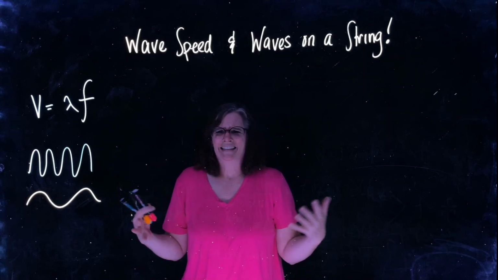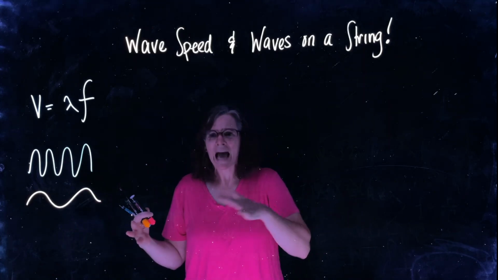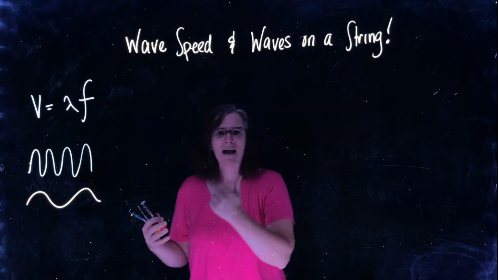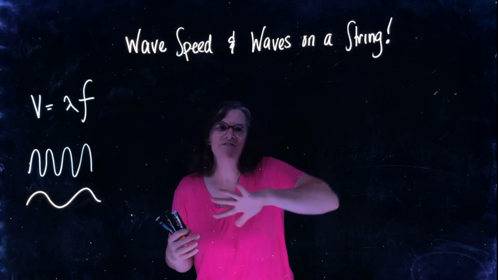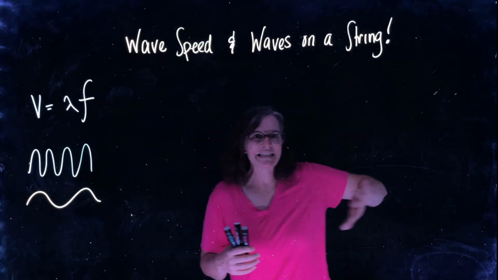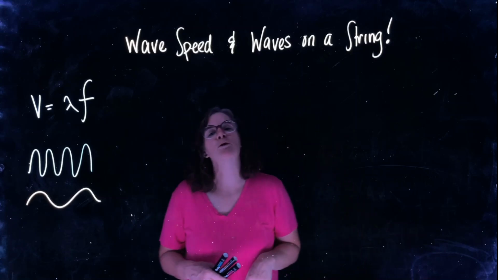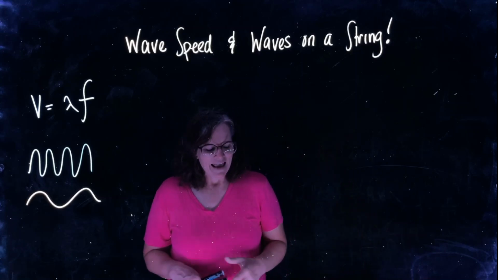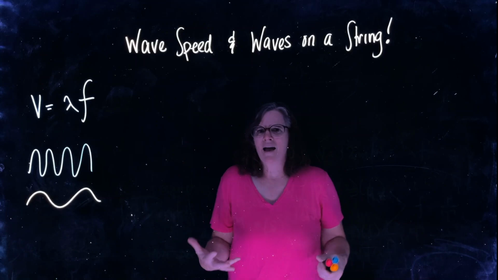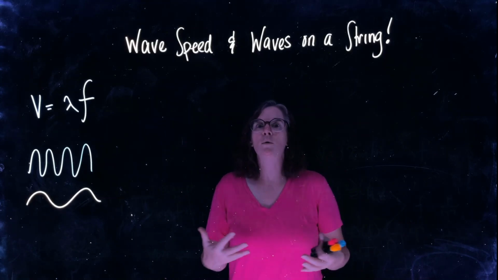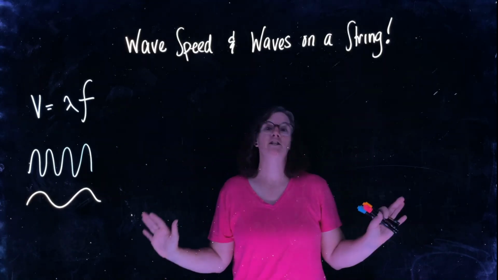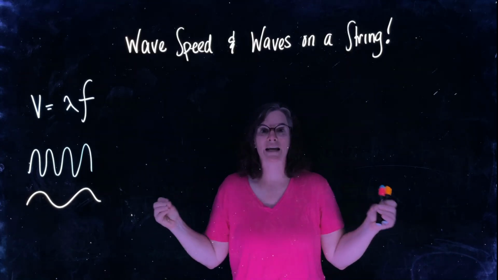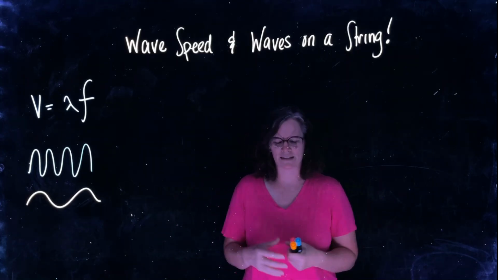But what dictates how fast those waves are traveling? Not how frequently they're going up and down, but how fast that energy is moving through a medium. And you may have some experience with this already. If you, by any chance at home, have a Slinky, it's a great way to play with this idea.